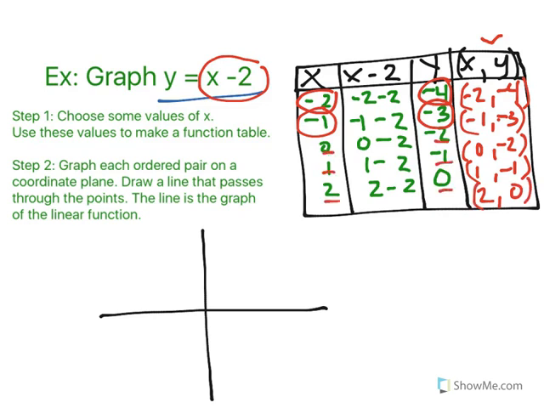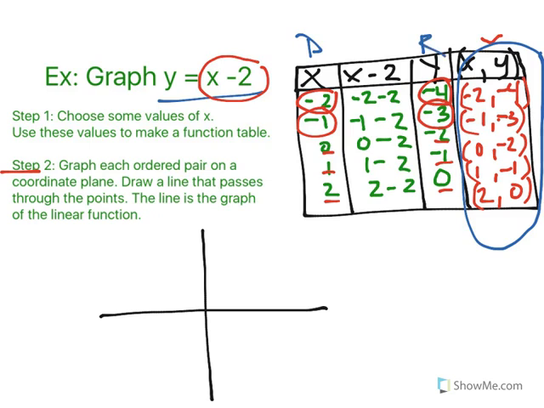Okay, so now in step 2, I'm going to graph each ordered pair on a coordinate plane. And then we're going to draw a line that passes through the points. The line is the graph of the linear function. So I'm just going to copy all these points. Again, I match my domains with my ranges to create my ordered pair.